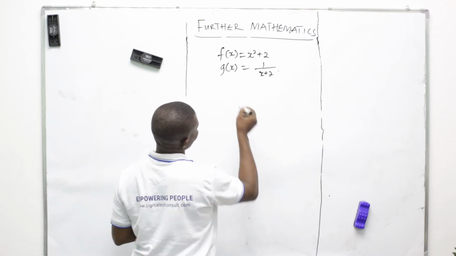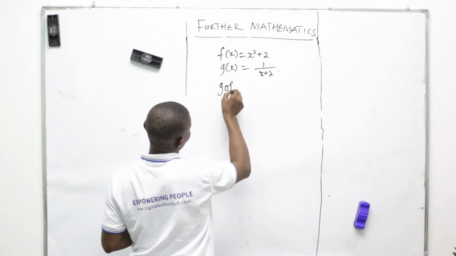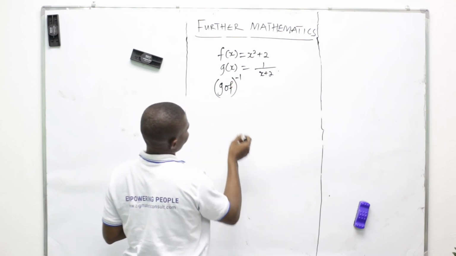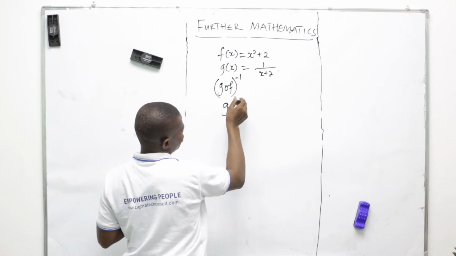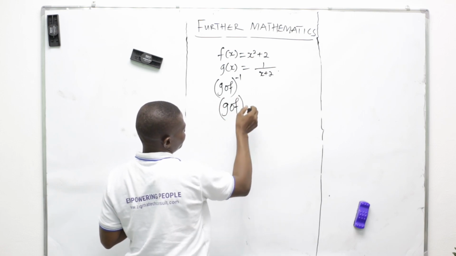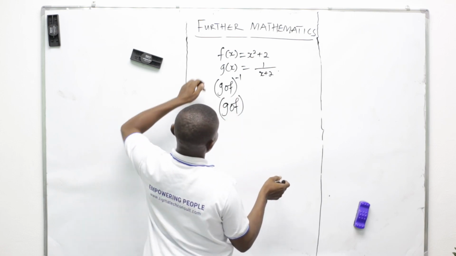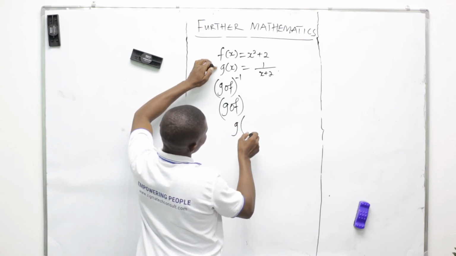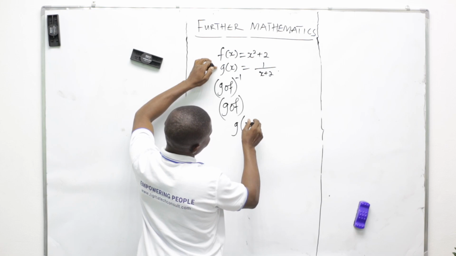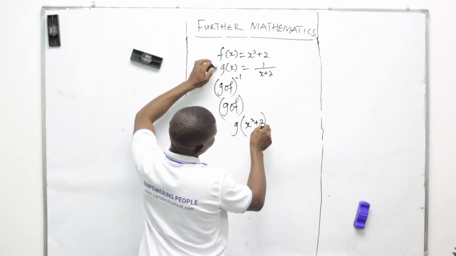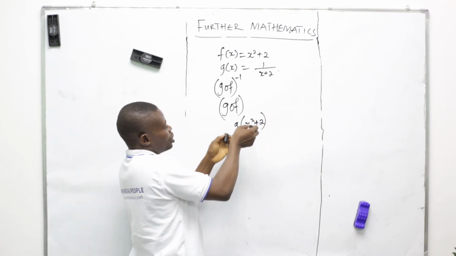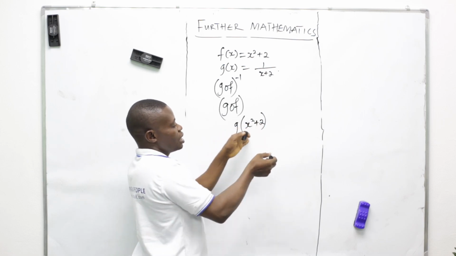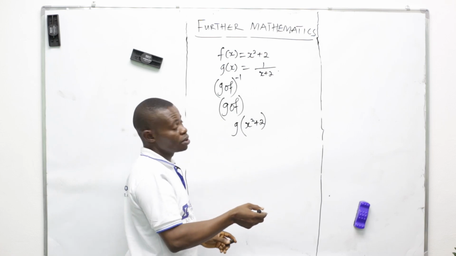Now, we are looking for g of f inverse. It means we need to get g of f first, meaning g into x squared plus 2. So the value of x from here now means x squared plus 2.